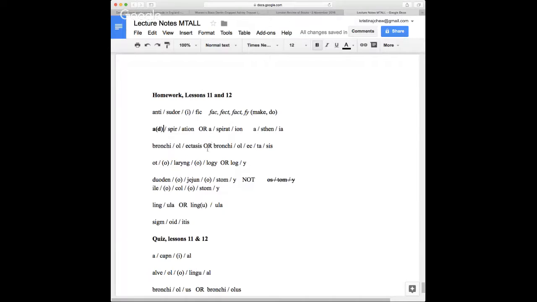For the word bronchiectasis, this word used the base bronchi, and then this is the diminutive suffix ol, or sometimes some of you wrote that it had an E, and that would be correct. That's fine. The compound suffix form ectasis can be left as is, or you can break it down as ectasis.